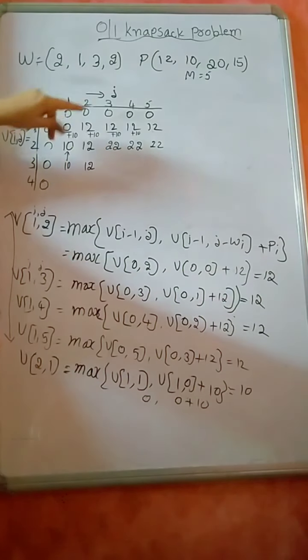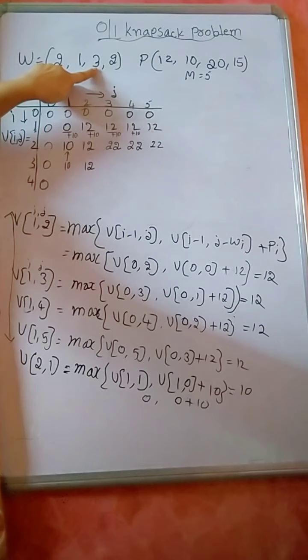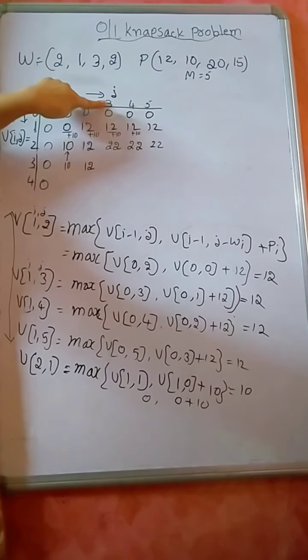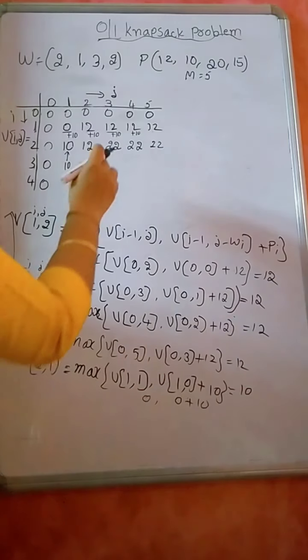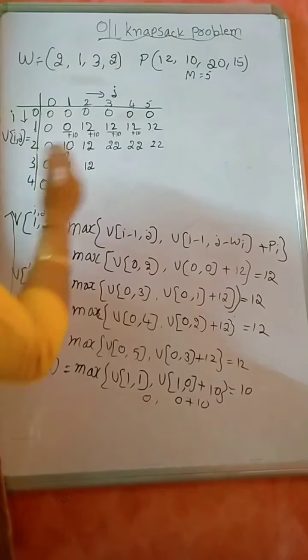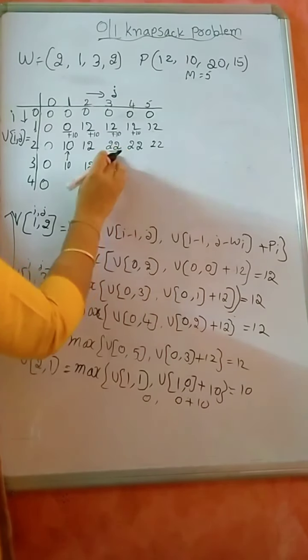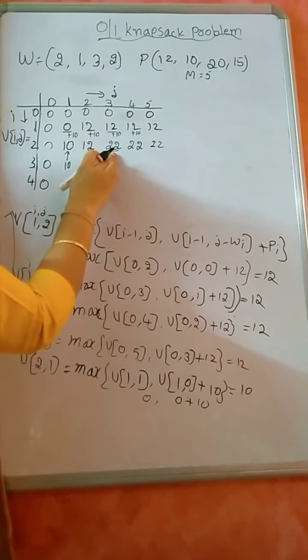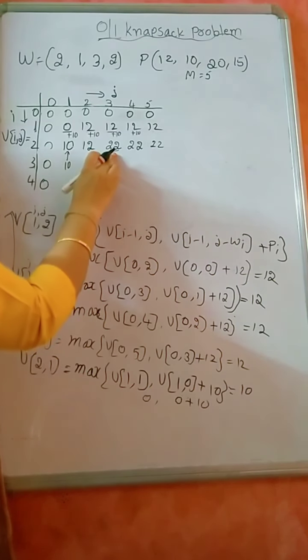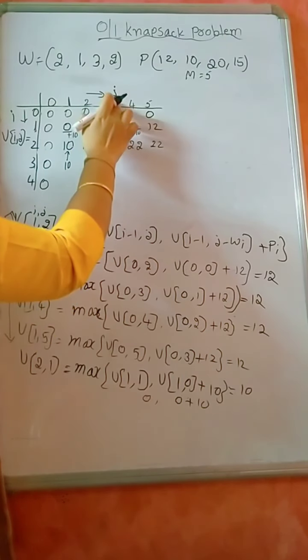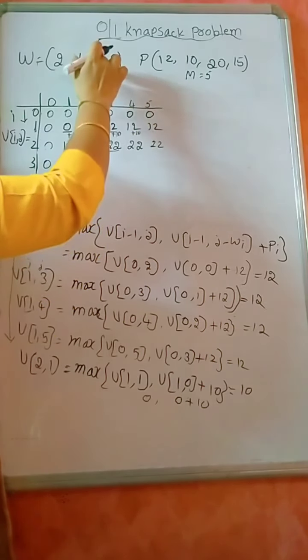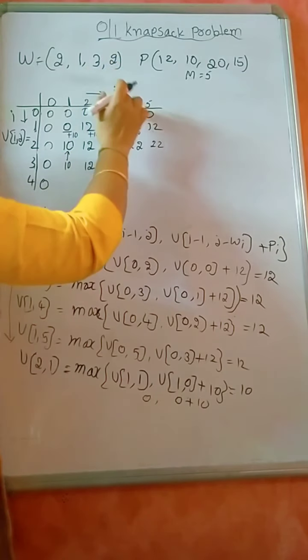Okay, now the remaining capacity is 3 and the weight of the object is 3. Which case? It is the third case, which means this formula. The previous entry is 22. Is the previous entry maximum, or is selecting the object maximum? What is the remaining capacity? 3. What is its weight? 3. 3 minus 3 is 0.